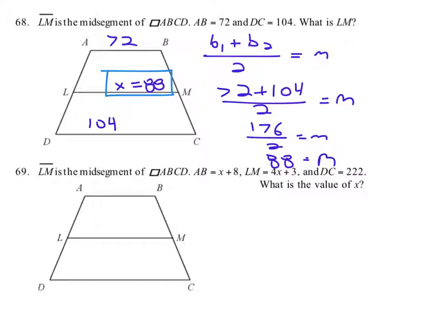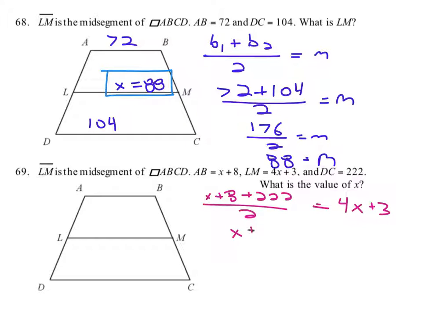So let's just say that's LM, and LM, which measures 4x plus 3, so let me write it a little higher, is going to be equal to AB, the one base, x plus 8, plus DC, 222, the other base on the bottom, and all of that divided by 2.